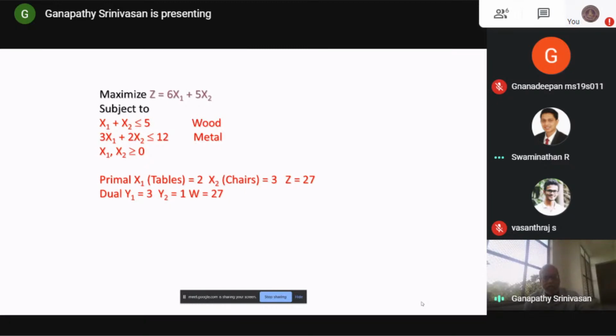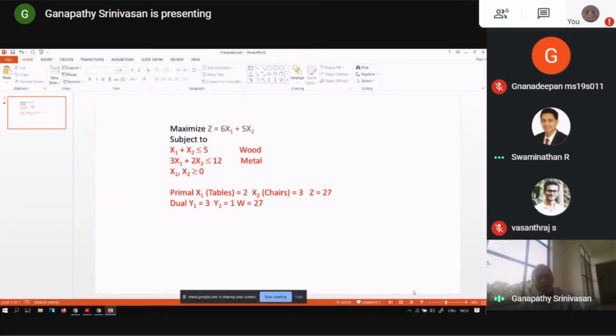Particularly, if I have a problem like this, if I have a minus here, let's say, and then if x2 becomes negative, then the objective function increases. So I don't want that. With that in mind, you don't want negative values for your decision variables.